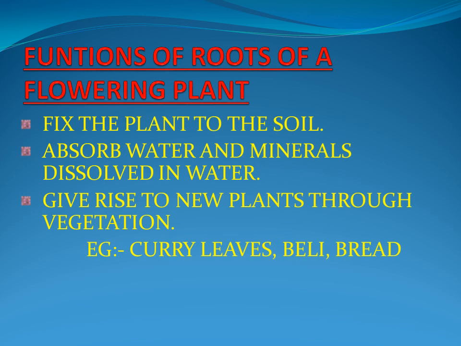And like berry also, if you go near a berry plant, you can see very small, or sometimes a little bigger, berry plants coming away from the berry plant. So the roots of the plant are giving rise to the small ones, like curry leaves, berry and bread.